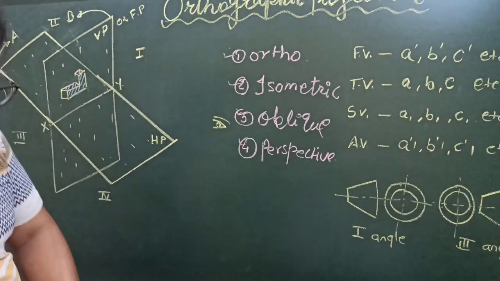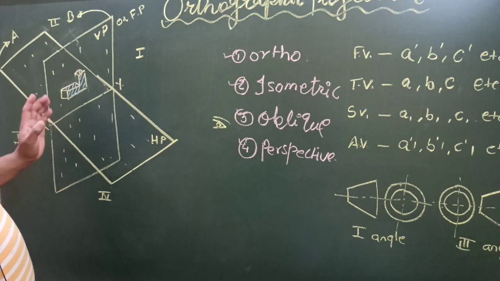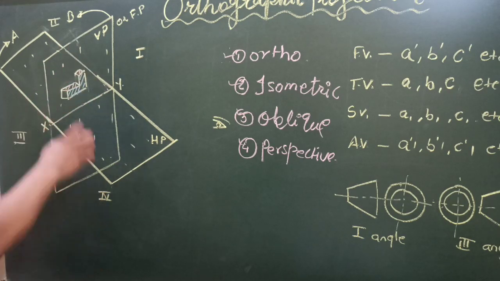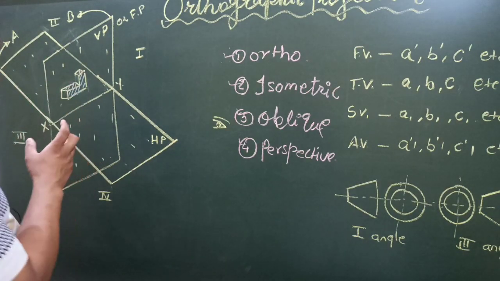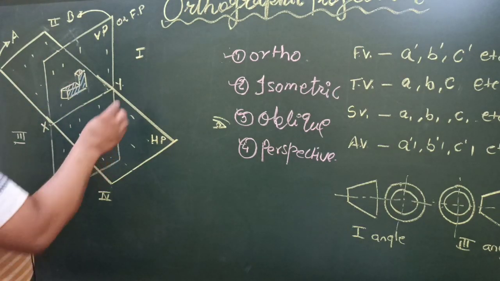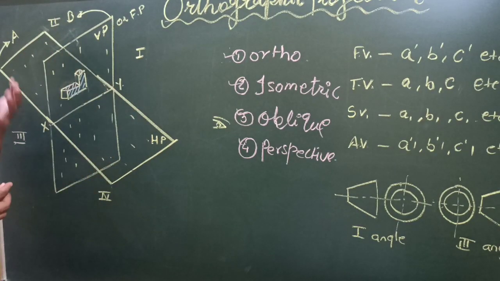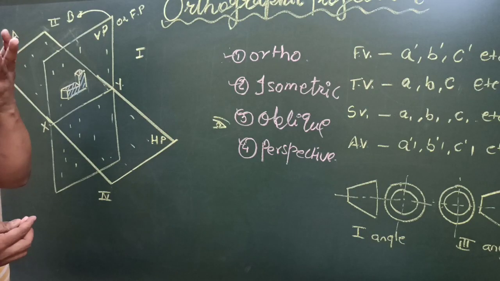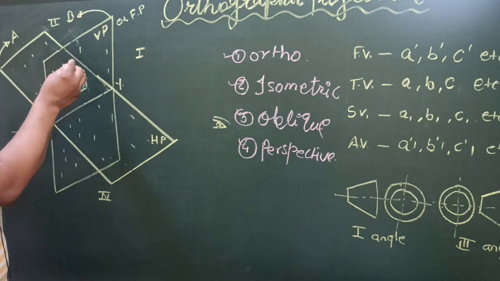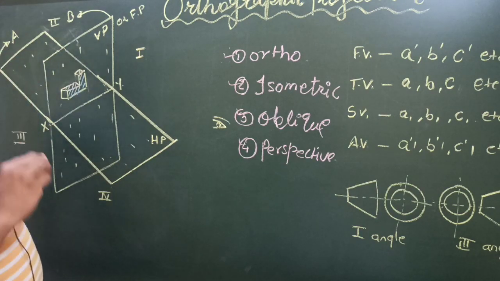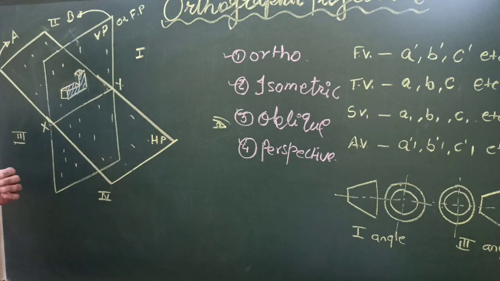So let us talk about some more things about this reference plane system. Generally, an object which is present in this system is said to be in the space or in the reference plane system, right? There are four quadrants in that, as we have gone through in coordinate geometry. You might have gone through 0 to 90 as the first quadrant, 90 to 180 second quadrant, 180 to 270 third quadrant, 270 to 360 the fourth quadrant.